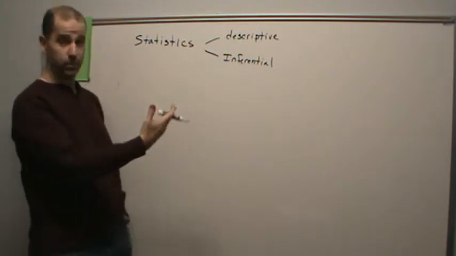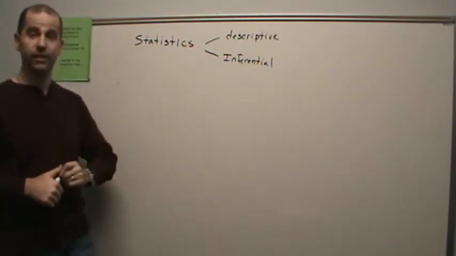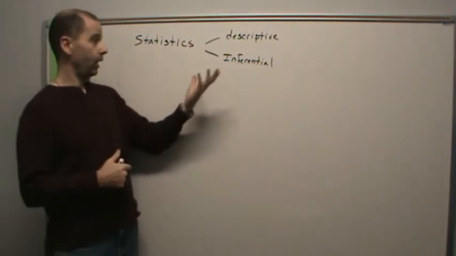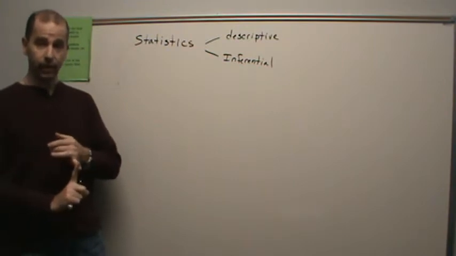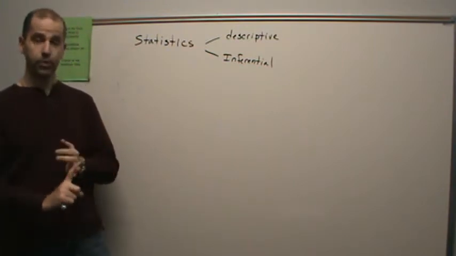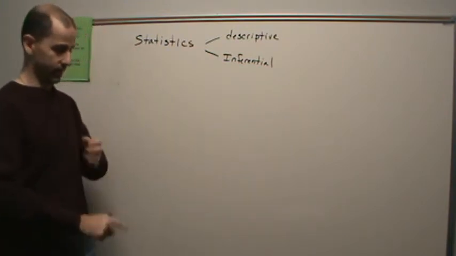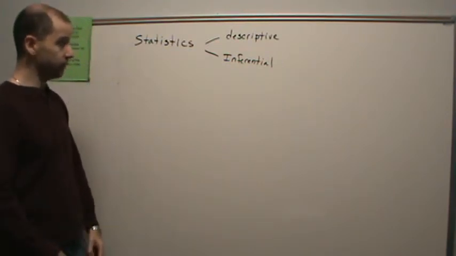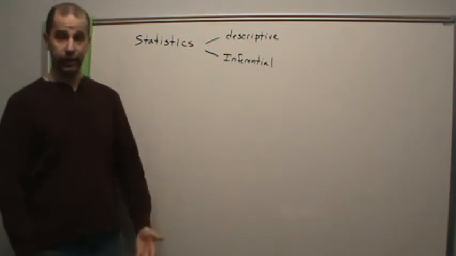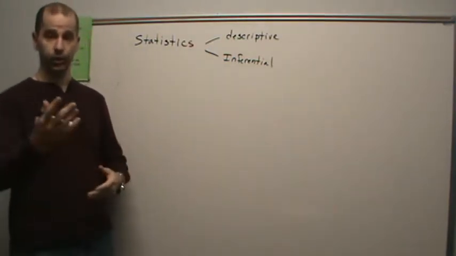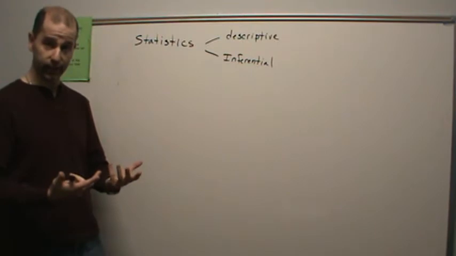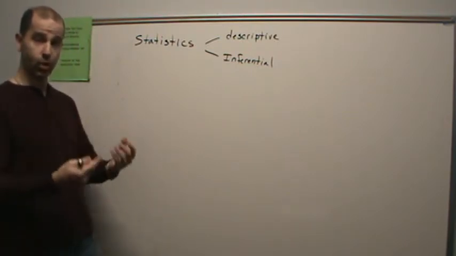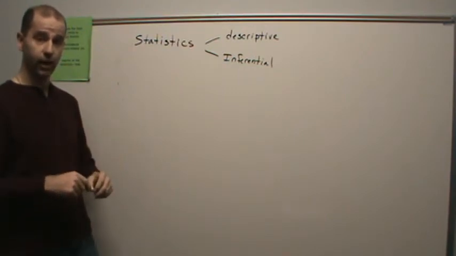They're numerical values to describe something about the population. For example, the sample mean is a descriptive statistic. The sample standard deviation is a sample statistic. The variance, the mid-range, the median, all of these things that we're going to talk about later that we can actually calculate, are descriptive statistics. They describe a characteristic of the sample.